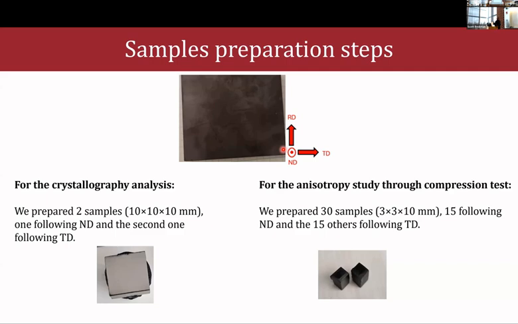When we first indexed with both phases, the results were just not reliable. With spherical indexing, we were not able to identify a good structure using both phases in the system, so we decided to remove it. We did it with OIM. Okay.